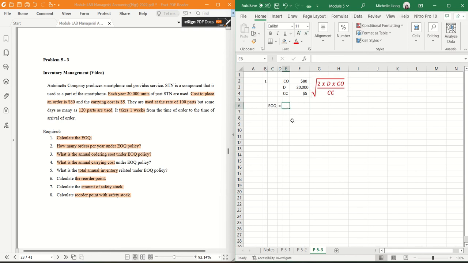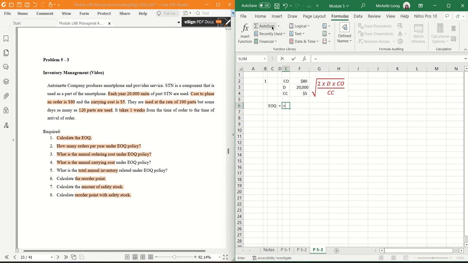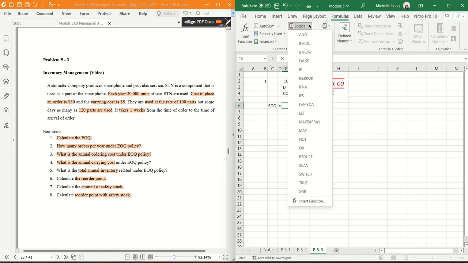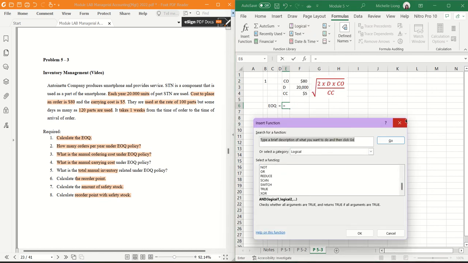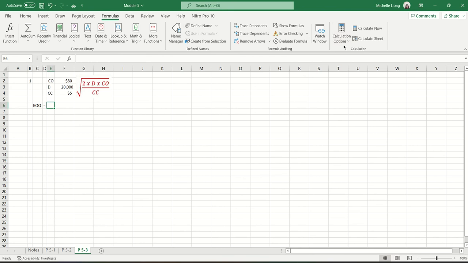Okay, so right here we just need to insert that the EOQ is the square root of this, right? So the square root, how do I, okay, I'll just use the formula.